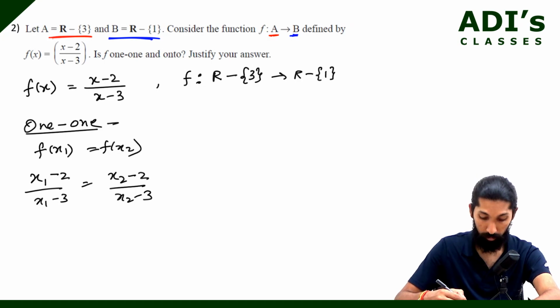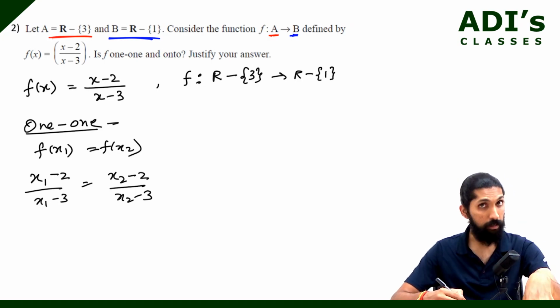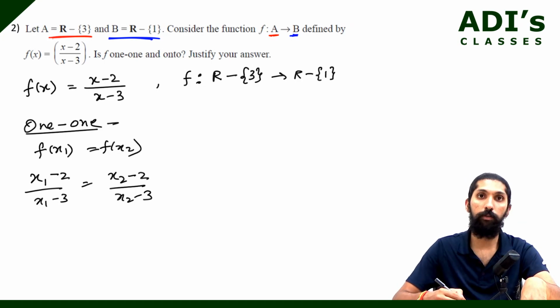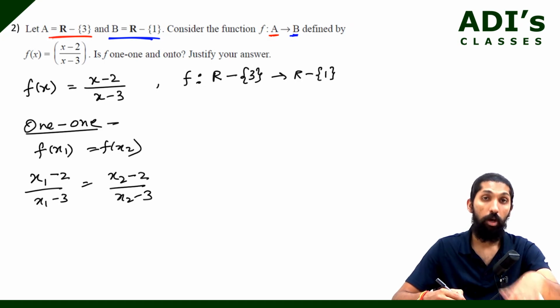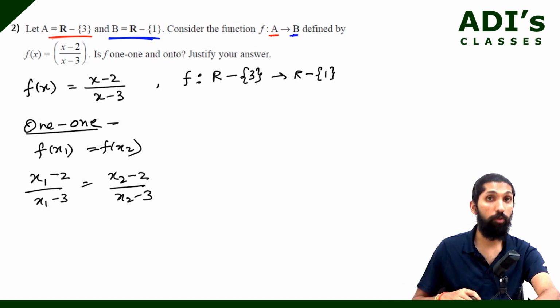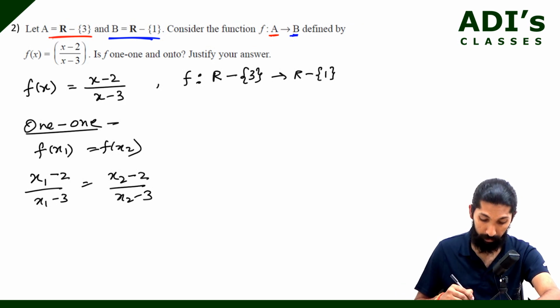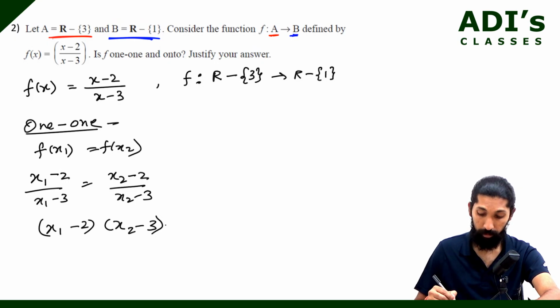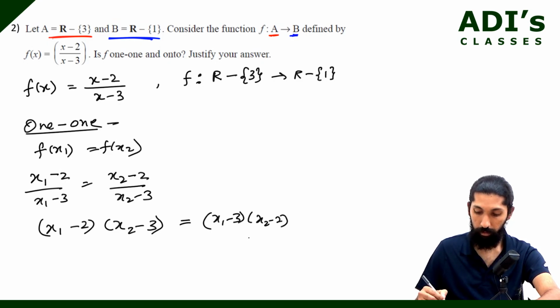Guys, remember, we need to show that x1 is equal to x2. Cross multiply. Best thing to do is cross multiply. So when you cross multiply, you get x1 minus 2 into x2 minus 3 is equal to x1 minus 3 into x2 minus 2.